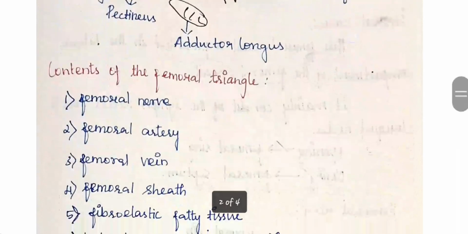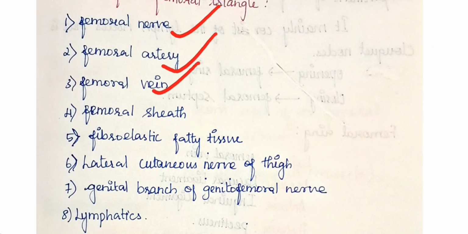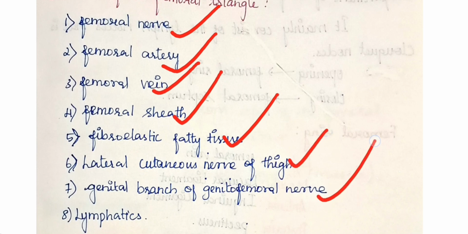Coming to the contents of the femoral triangle, we have the femoral nerve, femoral artery, femoral vein, femoral sheath, fibroelastic fatty tissue, and apart from that the lateral cutaneous nerve of thigh, the genital branch of the genitofemoral nerve, and lymphatics.